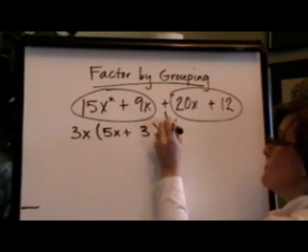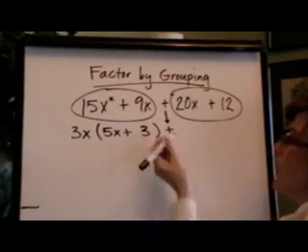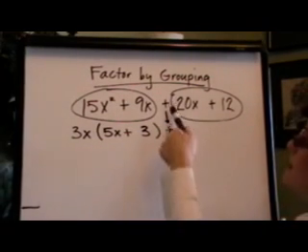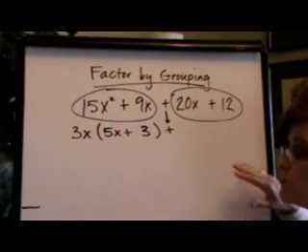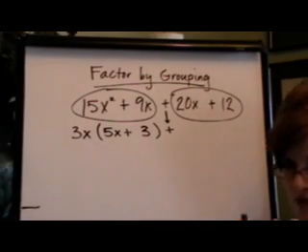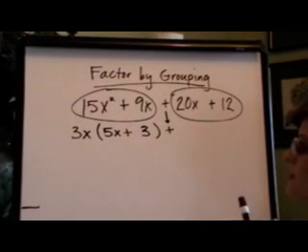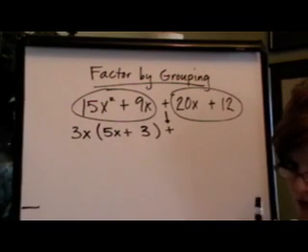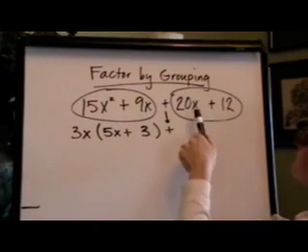What I do is I copy the sign that is in the center, and then I move on to the second group. Later on, you'll see that sometimes the signs need to be adjusted on the second one, but for now, this one is going to be nice and simple.